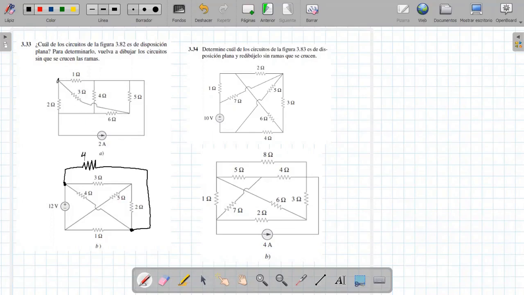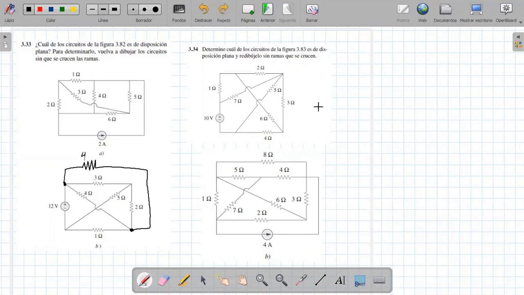If I send it over here is the 3 ohm resistance. And I note that to connect it to this point, for obvious reasons it would have to go over some conductor, either over this one or this one. No matter where you do it, you would have to go over it. So this circuit is not possible.